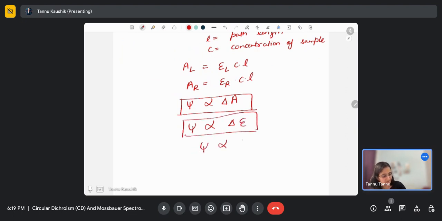That is, psi is proportional to the difference in molar extinction coefficients of lights absorbed in different directions here, that is left hand and right hand.